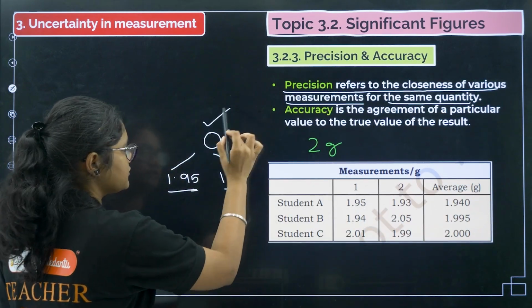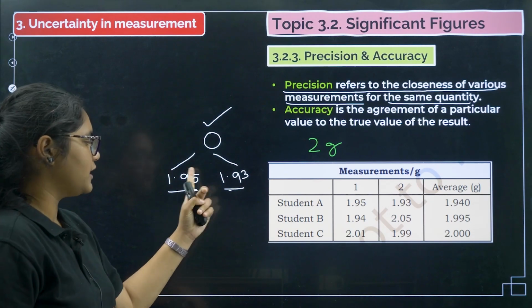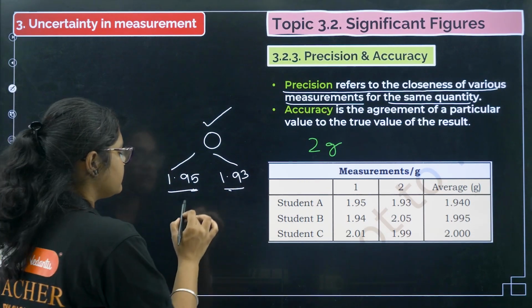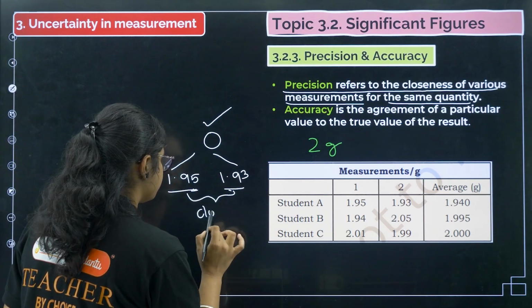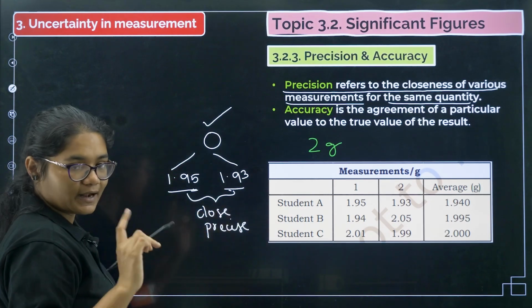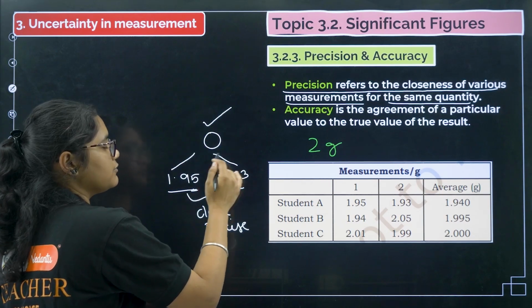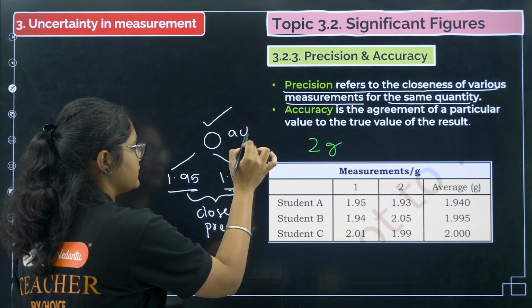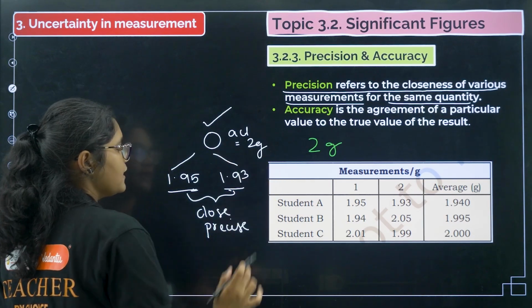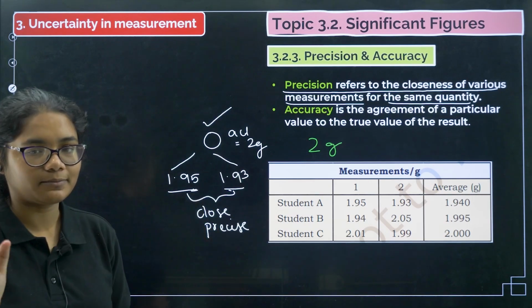You are measuring the mass of this ball and you got 1.95 and 1.93. If these two are close, we call these measurements precise. If they are also equal or very near to the actual measurement, your 2 grams, then we call it an accurate measurement.